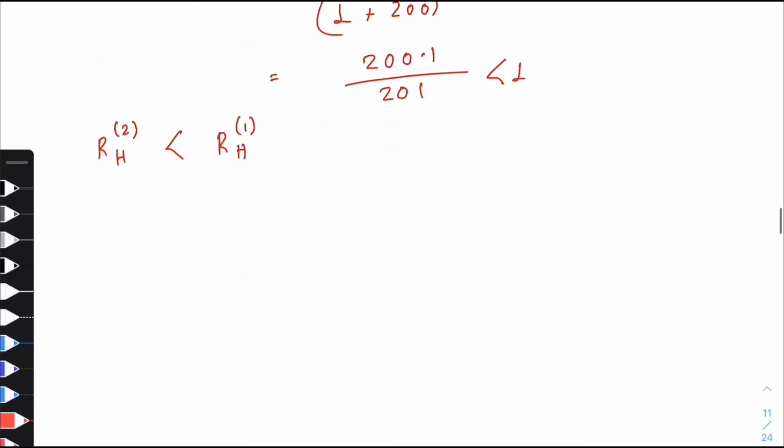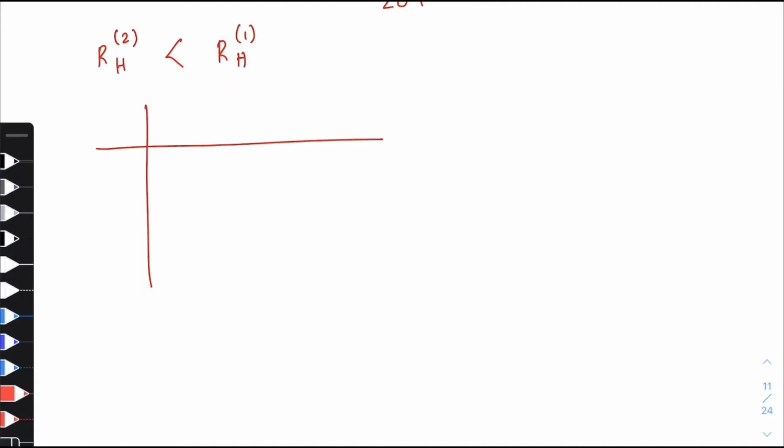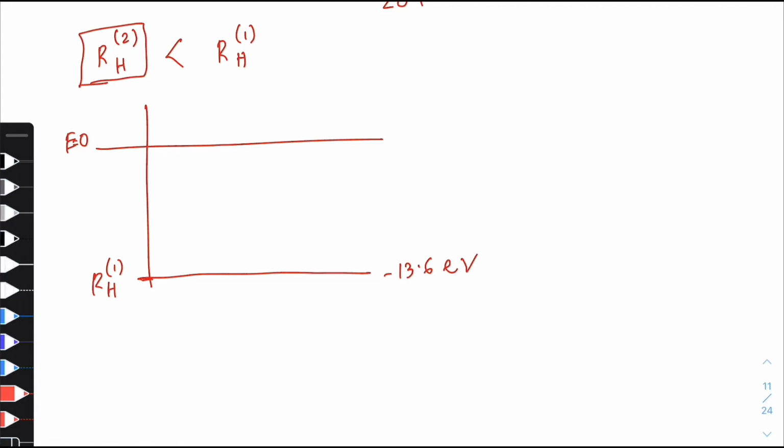Now if you try to plot the energy level, so this is 0, and initially we have the ionization energy at minus 13.6 electron volt. Now R_H2 is slightly less than the previous one, so we now have an energy which is slightly higher.